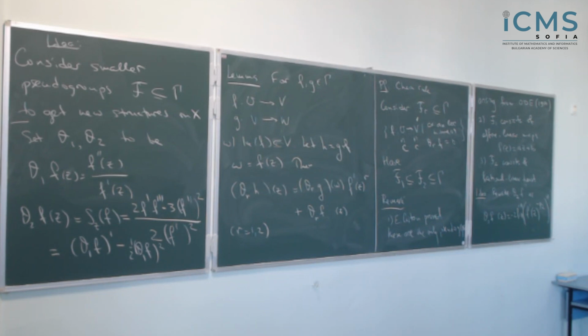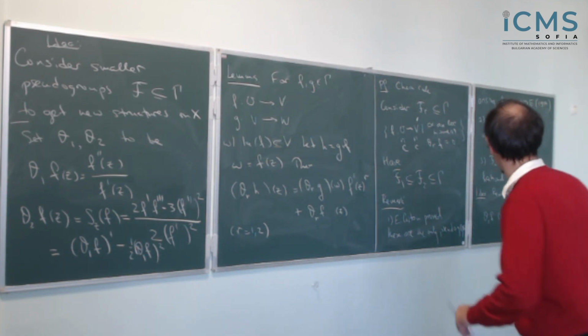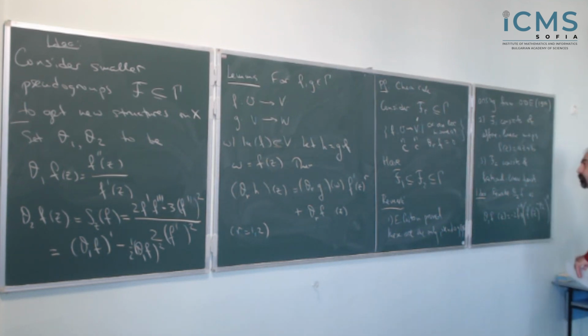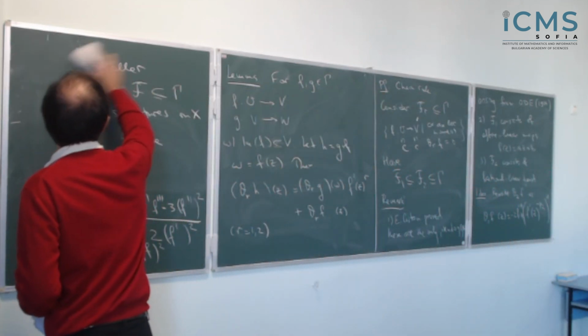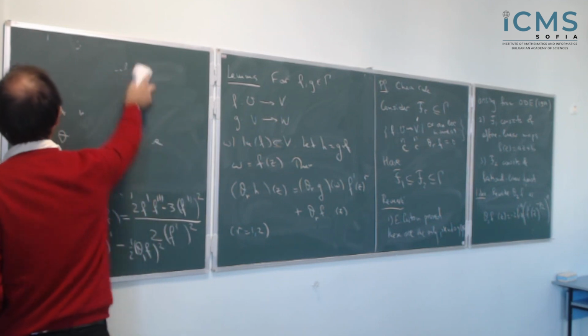So once you do this, if anyone wants, we can work it out. This is the chain rule. Once we do this, we see that if theta 2 is 0, essentially we know what f prime will be.